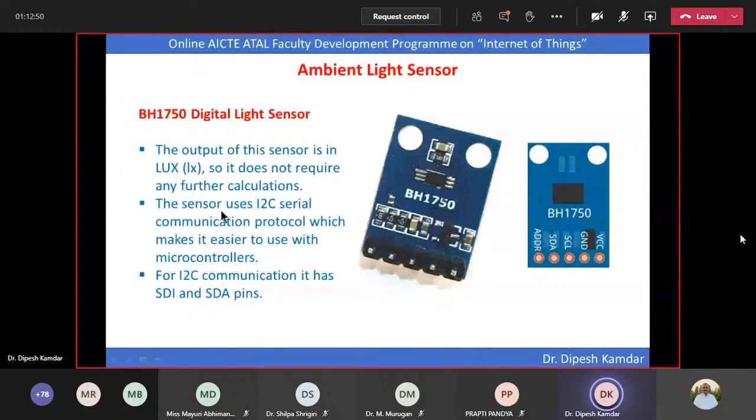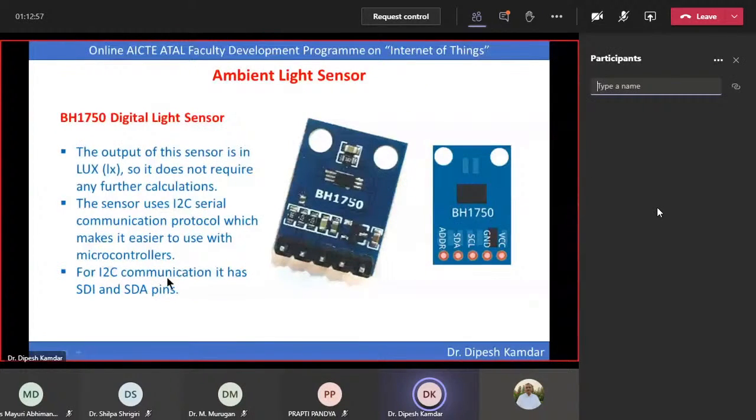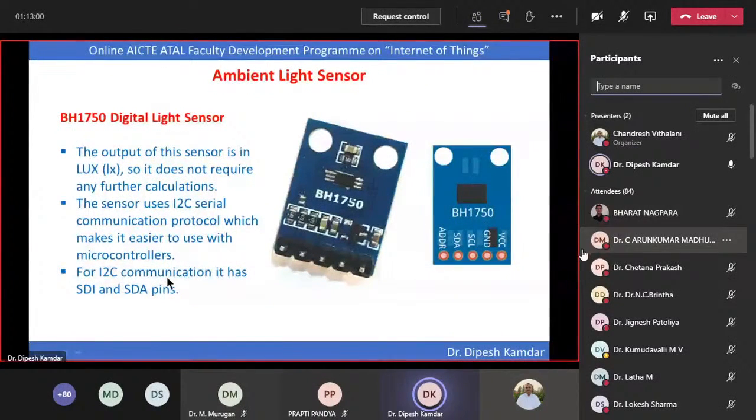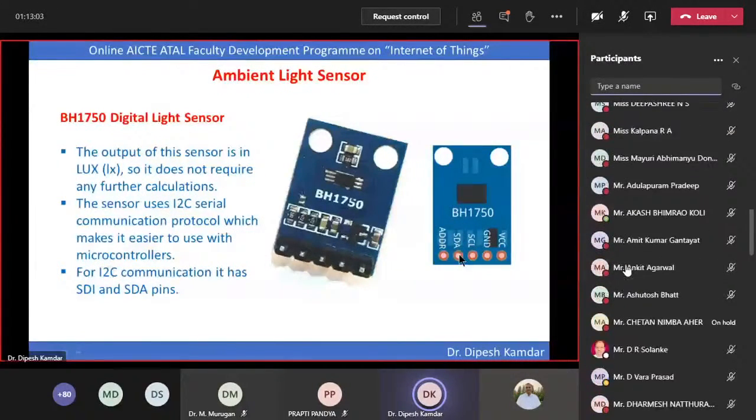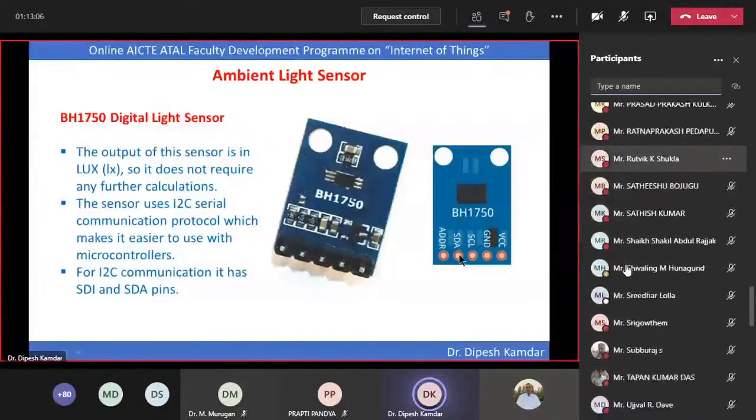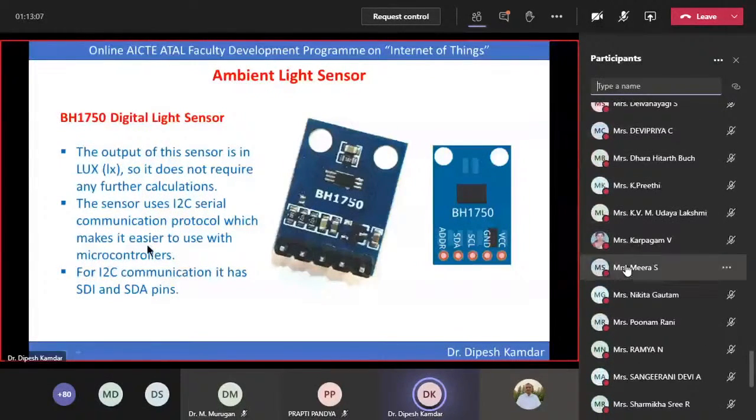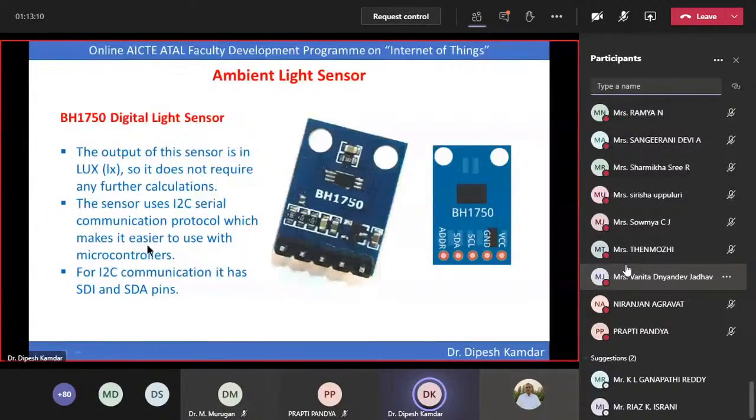The sensor basically works on the I2C protocol. We have two pins connected, serial clock and serial data, and with these we can fetch the data from the sensor.